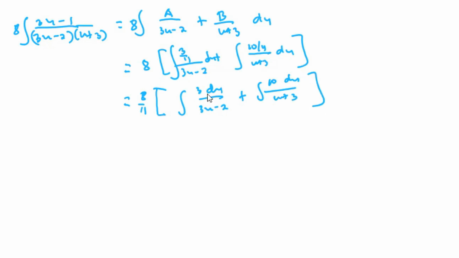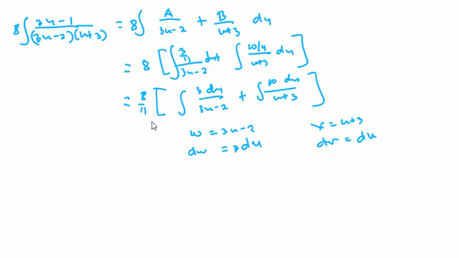By integrating, I will first let w be equal to 3u minus 2, and dw, the derivative of 3u minus 2, is just equal to 3 du. But 3 du is visible in our numerator and that's equivalent to dw, so we can write dw over w. On the second term, if I let v be u plus 3, then dv is just equal to du.